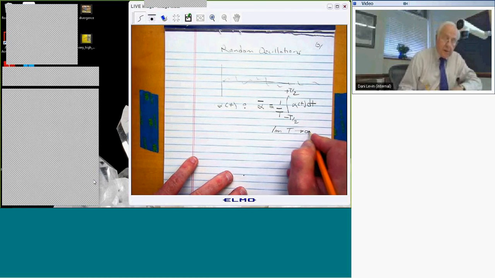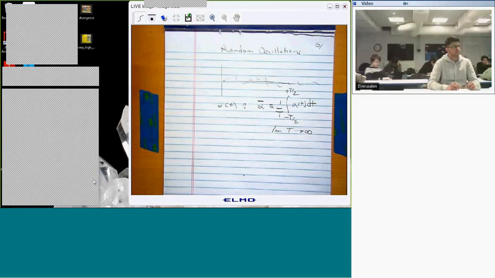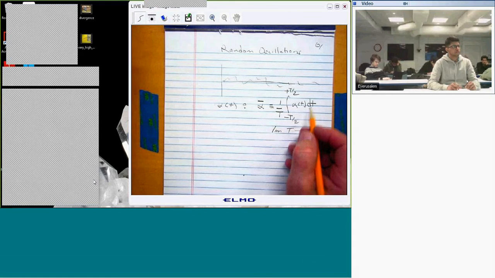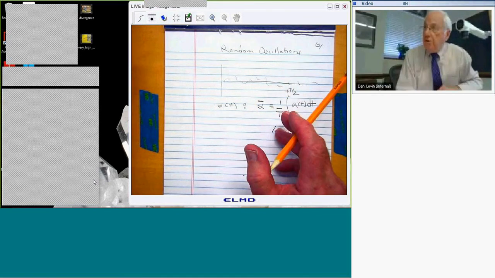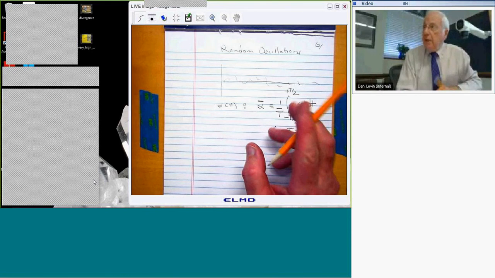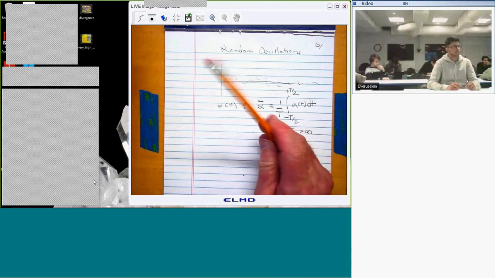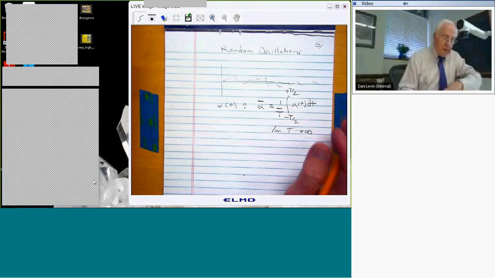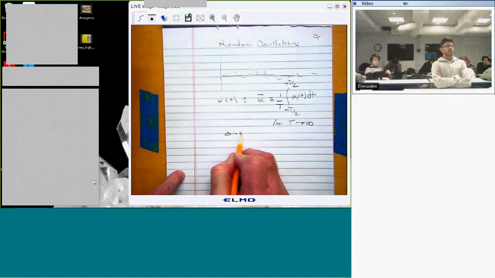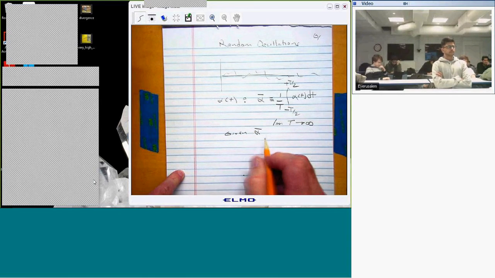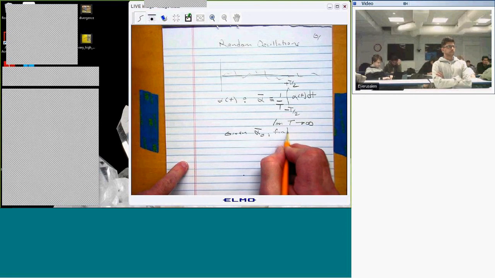Okay? So if I have a time signal from a numerical simulation or from experiment, and I know alpha of t, I can compute the mean. Of course, I can compute the mean even if it isn't a random function, right? But in particular, if it is a random function, I might like to know the mean. And for our particular system, given the mean of alpha naught, we'd like to find the mean of alpha.